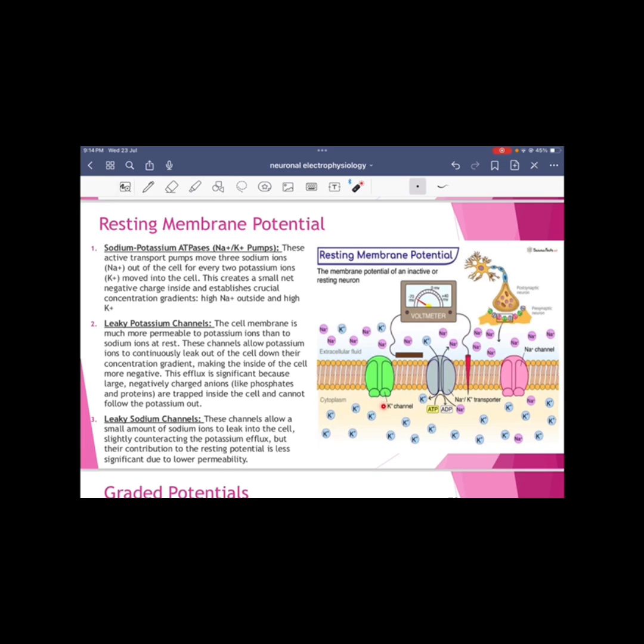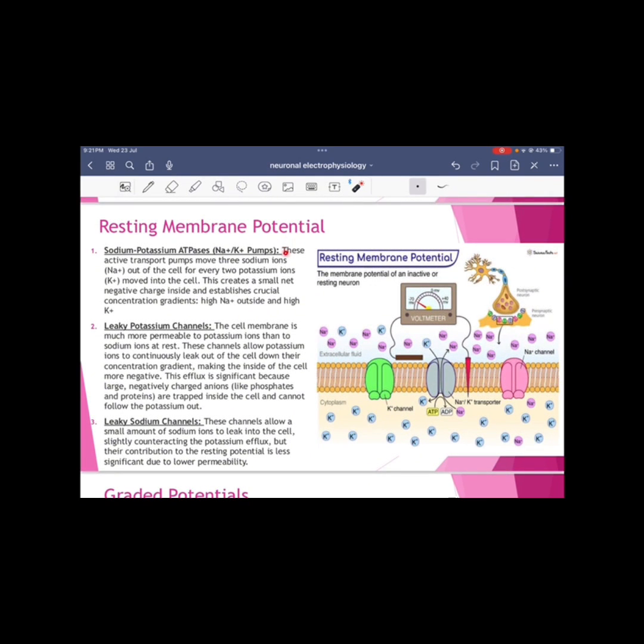Second, we have the potassium leak channels, and those are like small doors that are always open, letting potassium escape the cell, making the inside even more negative. And finally, we have the leaky sodium channels, which allow a tiny bit of sodium back into the cell, but not enough to cancel out the negative charge that is inside.